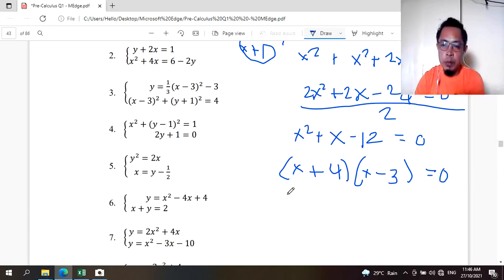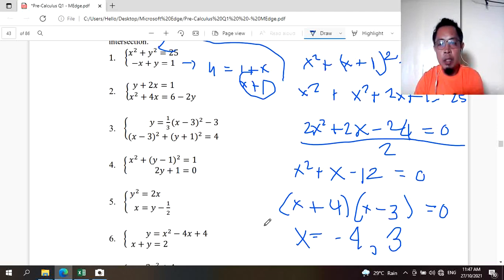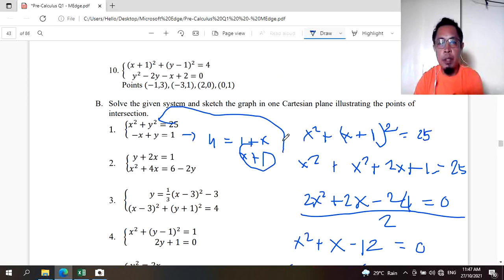Equating this to 0 gives us x equal to negative 4 and positive 3. So if x is equal to negative 4, then we can simply use this equation, y equals x plus 1.